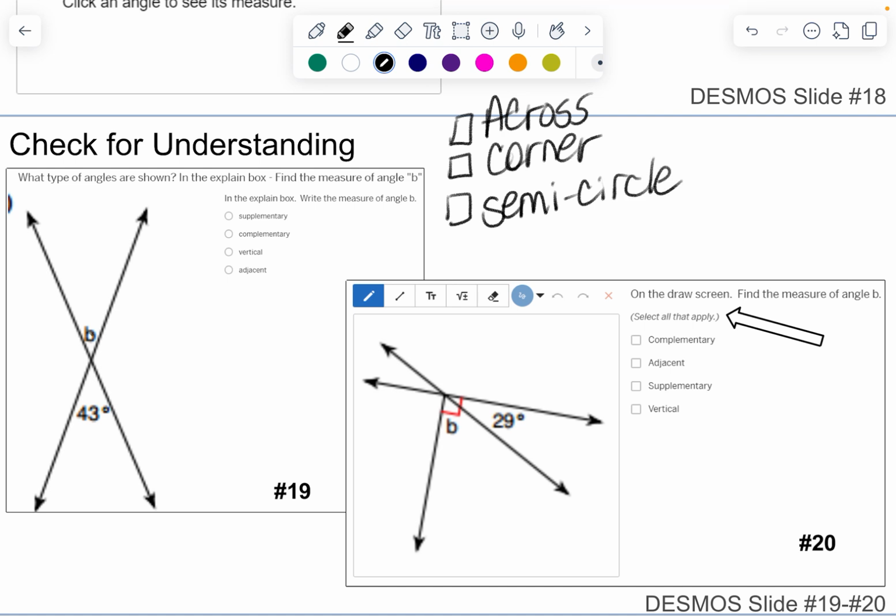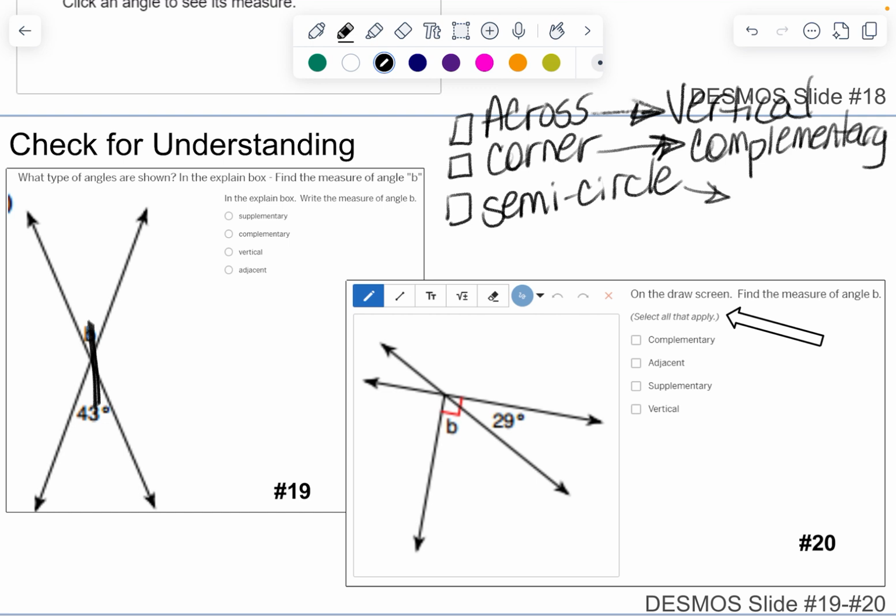So what am I doing? Am I going straight across, am I drawing a corner, or do I have a semicircle? Well, I'm going straight across. Straight across means they are vertical. A corner means they are complementary. A semicircle means they are supplementary.